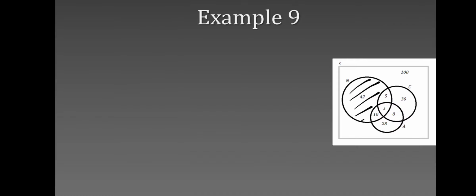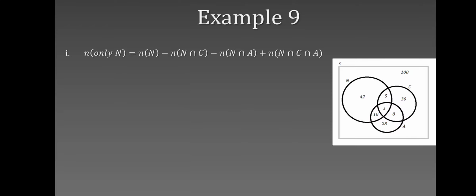So how to find this? We have to subtract the intersection portions, and while subtracting the intersection portion, I will be subtracting this common portion twice. So I have to add it back once again. So it is exactly something like this.